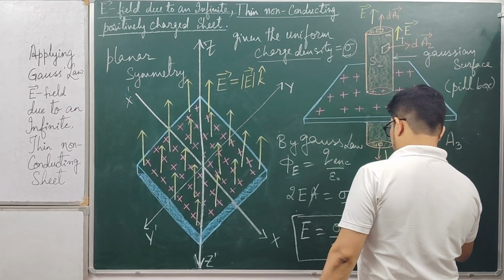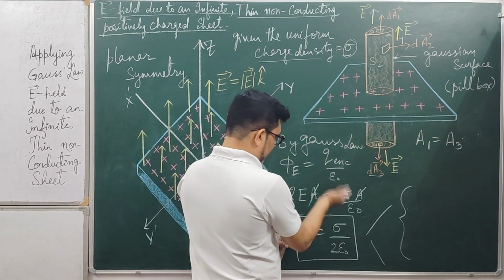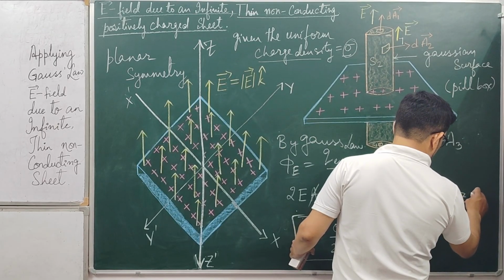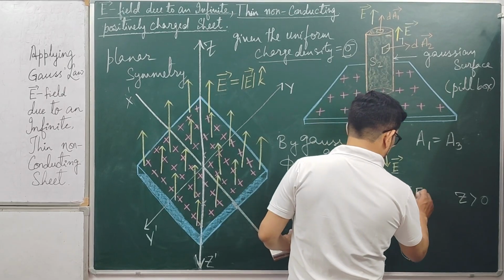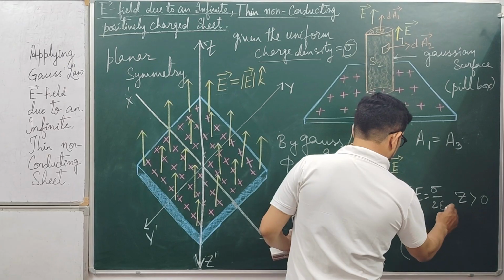If you take the z-axis in the positive direction, which is z more than 0, then the electric field is going to be sigma divided by twice of epsilon naught.